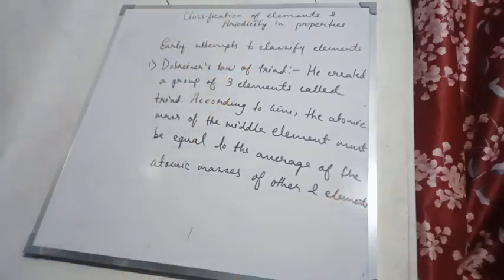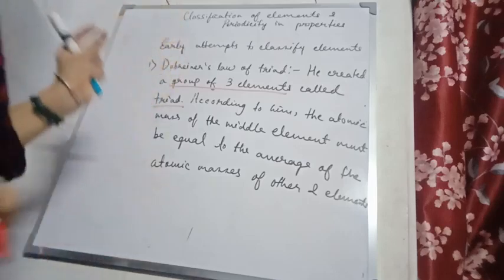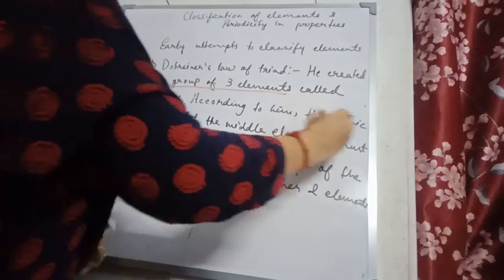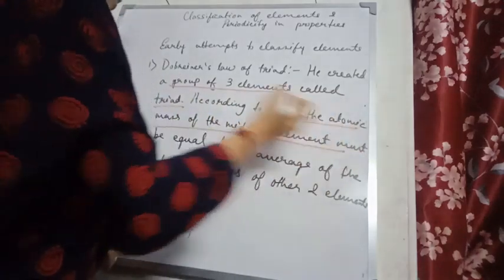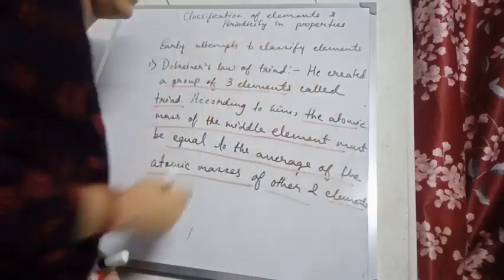So he first of all created a group of 3 elements, known as a triad, and he told that only those elements could be placed in the triad where the atomic mass of the middle element is equal to the average of the atomic masses of the other 2 elements.